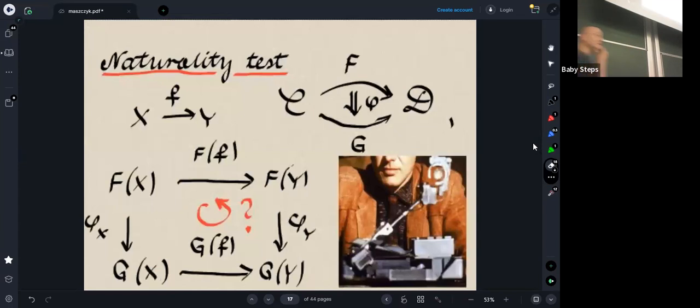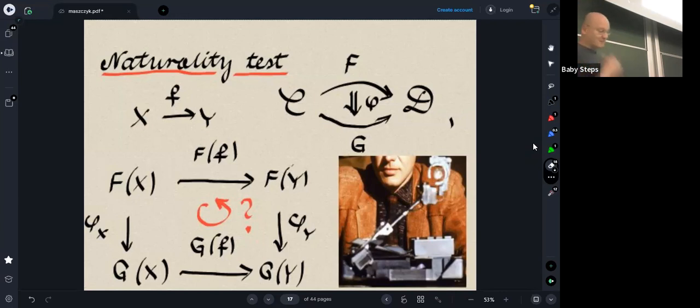The naturality test is checking whether a given bunch of generalized or higher morphisms between functors satisfy the commutativity of this complicated square, in which we have images of the functor f related by the corresponding image of the morphism f between them.